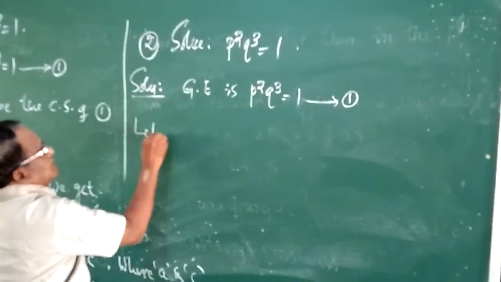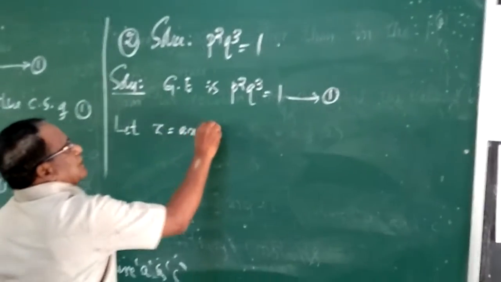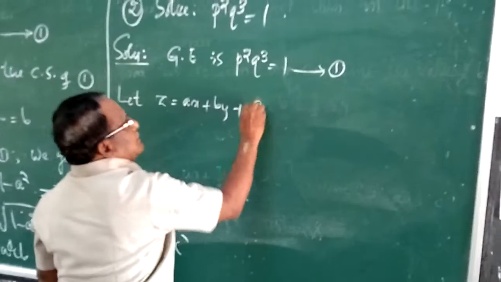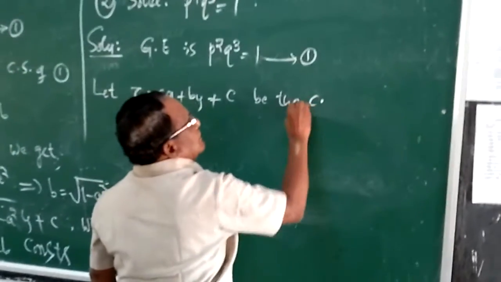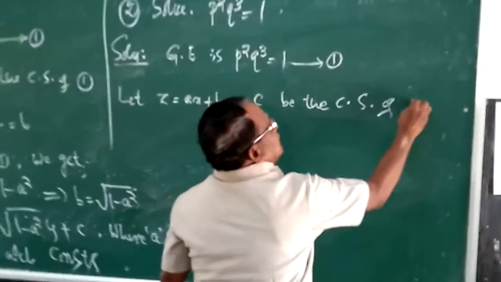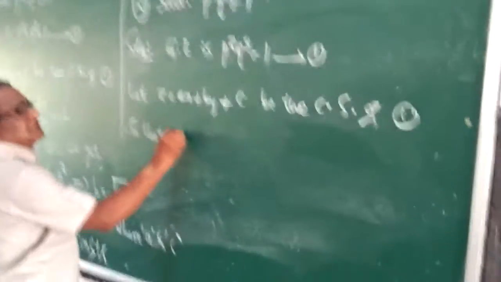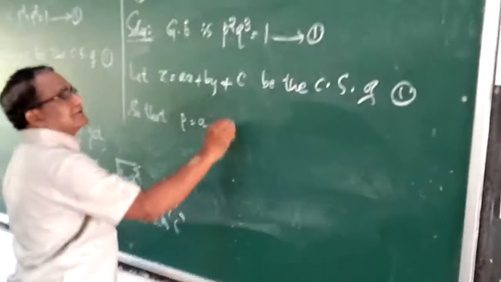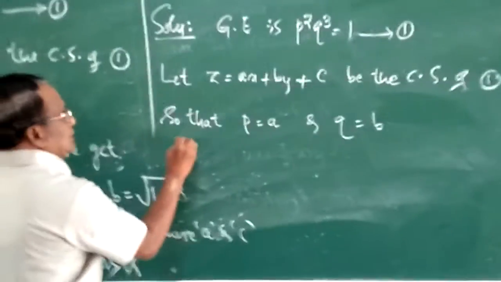Same method. Let z is equal to ax plus by plus c be the complete solution of equation number 1, so that p is equal to a and q is equal to b.